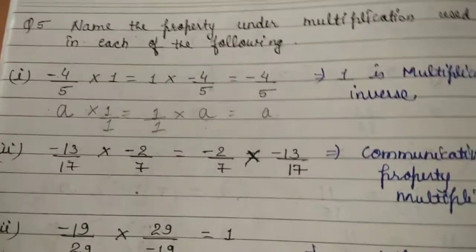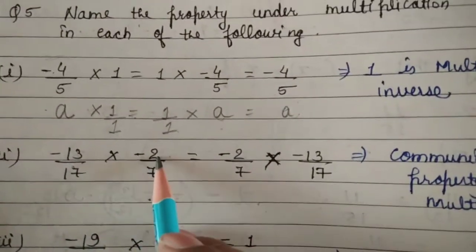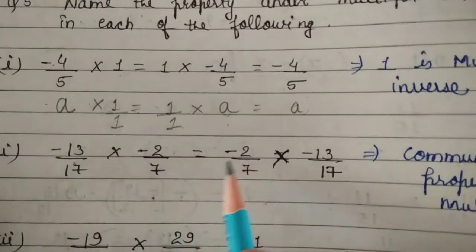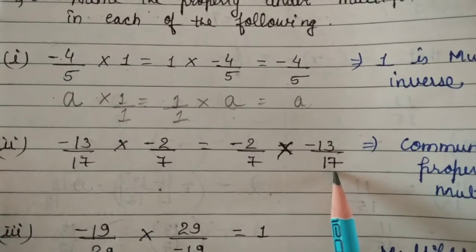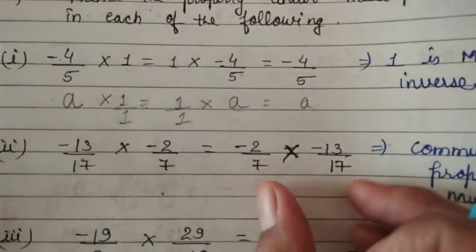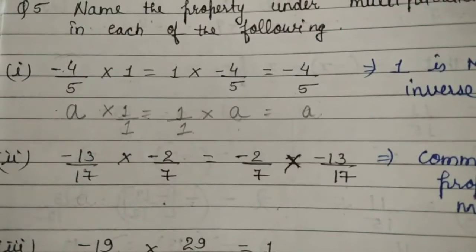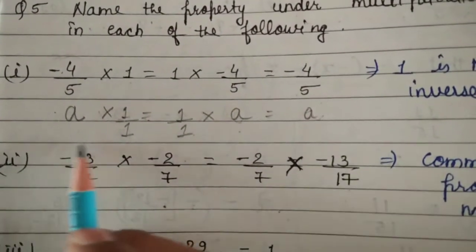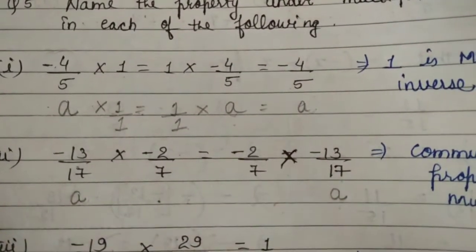Next question is minus 13 upon 17 multiplied by minus 2 upon 7, which is equal to minus 2 upon 7 multiplied by minus 13 upon 17. Both sides we have the same numbers, but their places are different. So if we take minus 13 upon 17 as A, here A will come here.